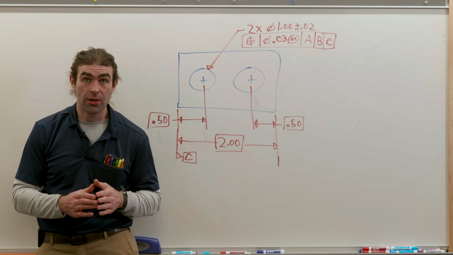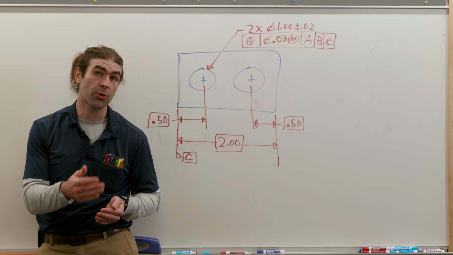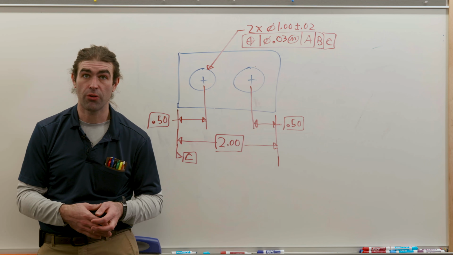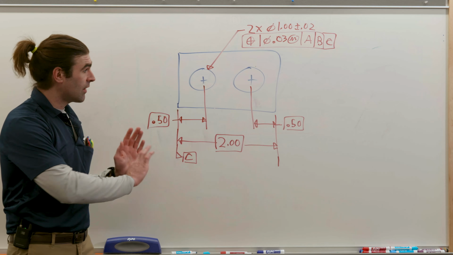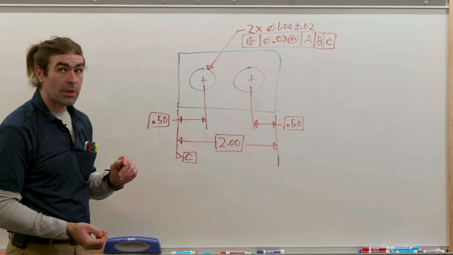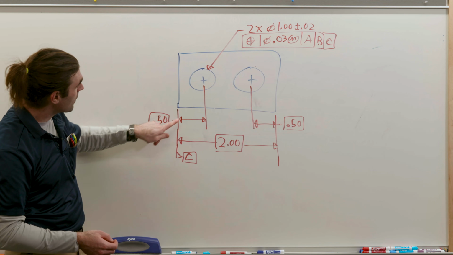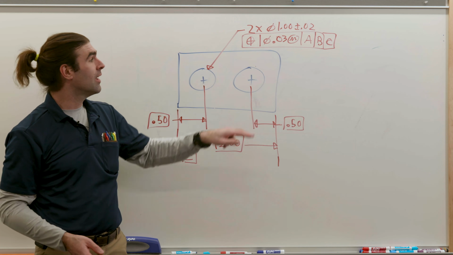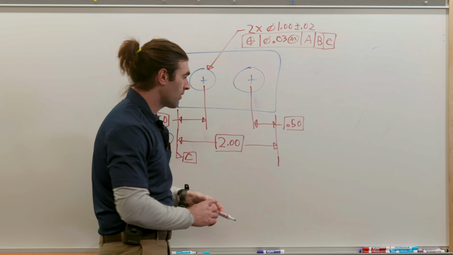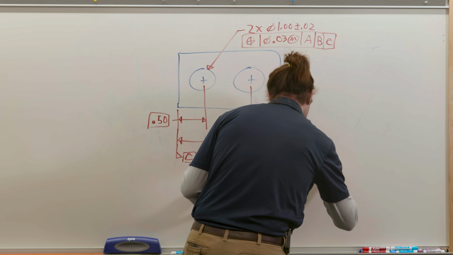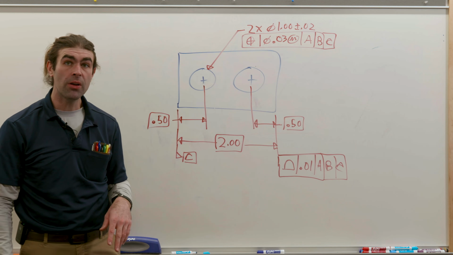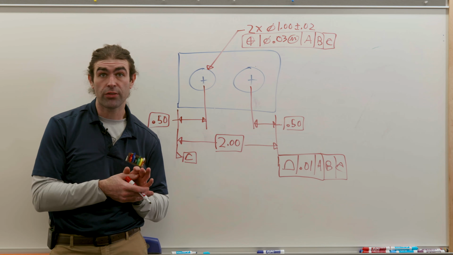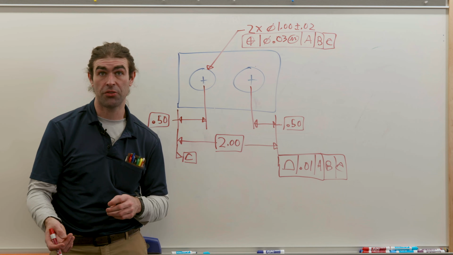It's very important that basic dimensions are associated with a feature control frame. So in this case, I've just given the left-right basic dimensions, but these basic dimensions show you where the tolerance zone should be for this position tolerance. Another example are things like profile that control the location of surfaces with basic dimensions.